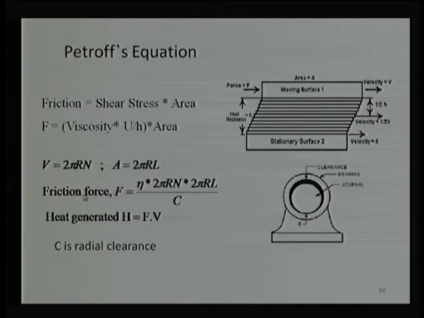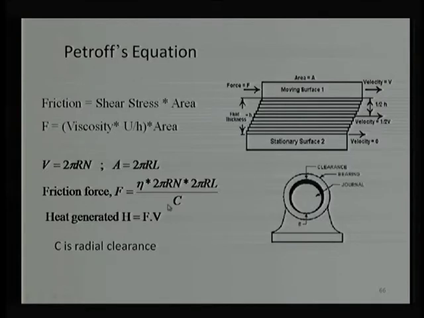So, once we know the frictional force, we can simply find the heat generation. We know that the friction force into the tangential velocity is going to give us the heat generated. What is the heat generated at that interface can be calculated easily. Now, once we know the heat generated, we need to find out how this heat has been conducted away. So, we are able to see that in this situation we are using an additional equation.